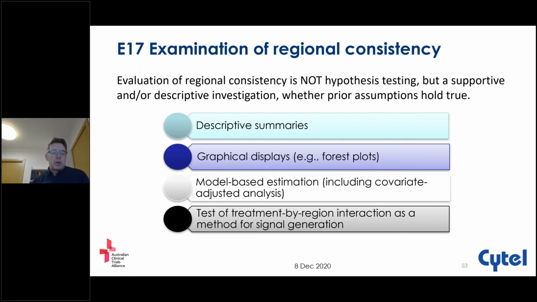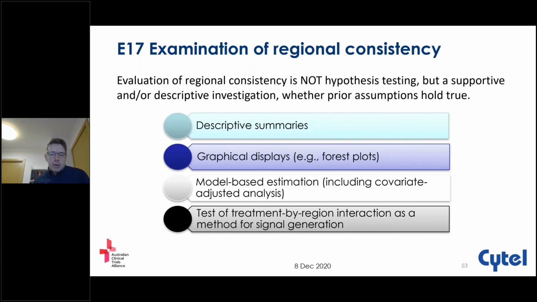So in this situation, it assumes that you have an overall significant effect, and you are required to do descriptive summaries, graphical displays of treatment effect by region, using forest plots, for example, model-based estimation, and the test of treatment by region interaction is only one element of this, and certainly not the final element of that.